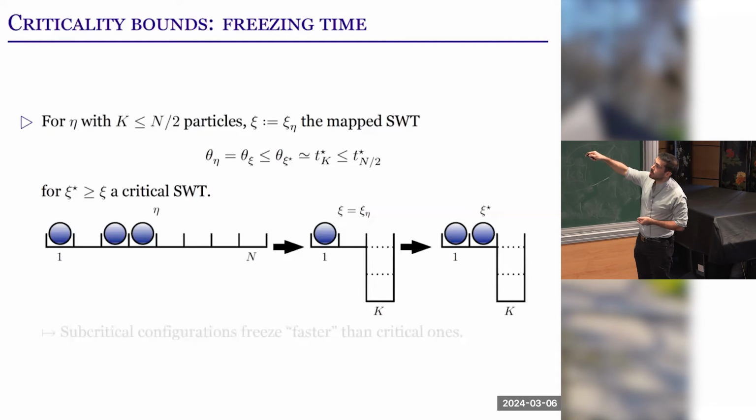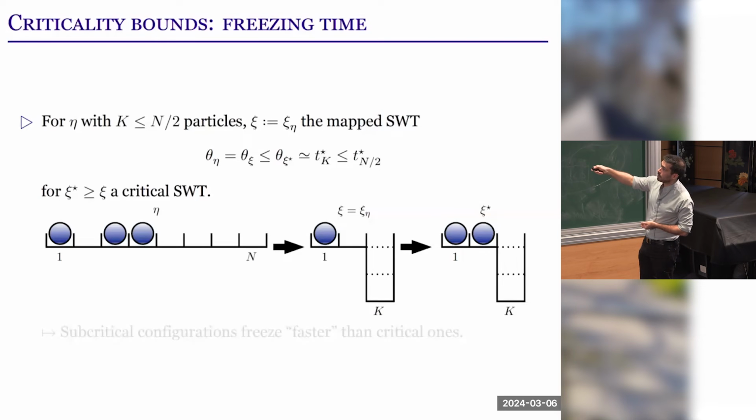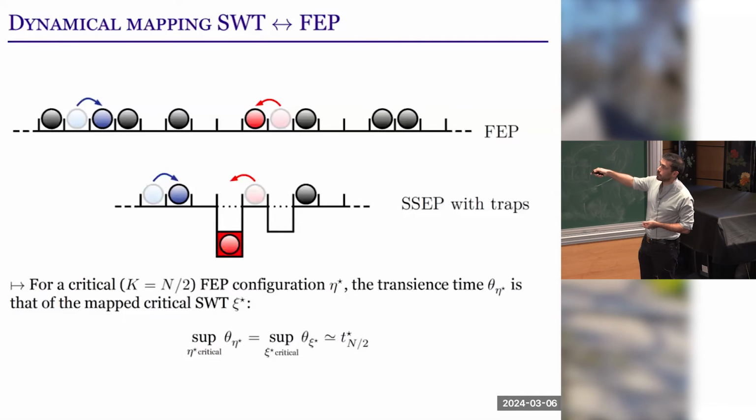And since k is less than n over 2, T_k star is less than T_{n/2} star. Okay, so now the subcritical case is solved, because you have proved that the transience time for your subcritical FEP is less than T_{n/2} star. And you know that for the critical configuration, it's T_{n/2} star.